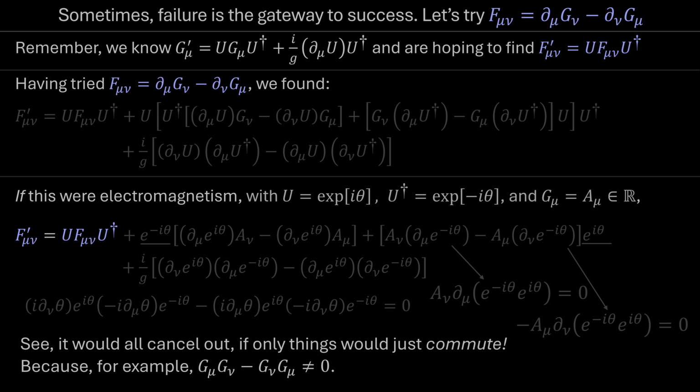G mu times G nu minus G nu times G mu generally doesn't equal 0, because the spacetime components of the gauge field live in SU3, and SU3 matrices generally don't commute. But, hold on. Oh my gosh. Do you see it? We just got 6 more ways.